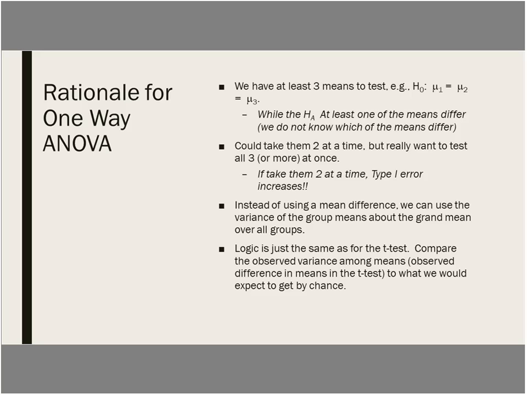Remember, in a t-test you have two groups, and you might say there is no difference between them. So you compare the observed variance among the means, the observed difference in the means in the t-test, and we want to know what we expect to get by chance. One-way ANOVA is a very straightforward task to do. Even Excel will do that.